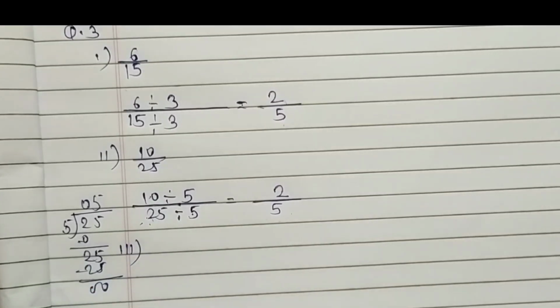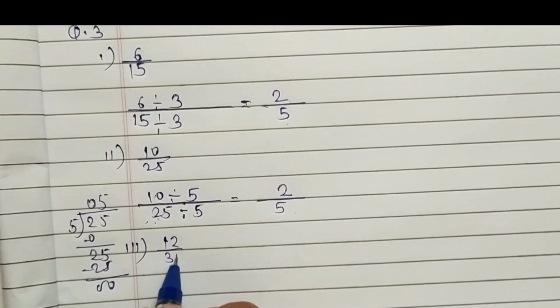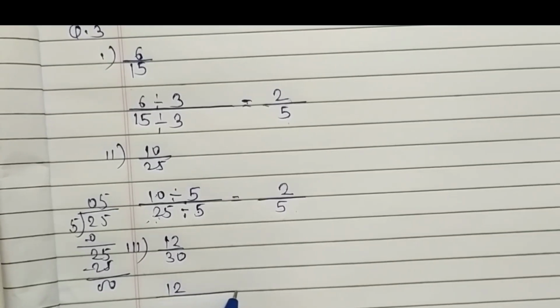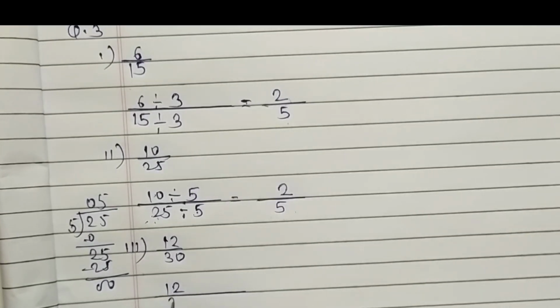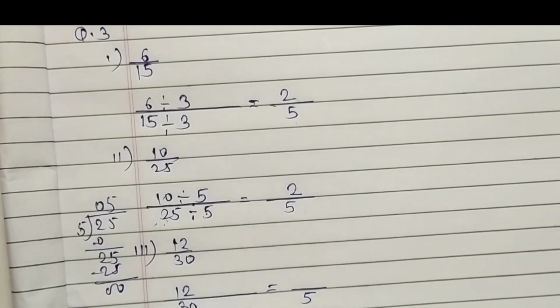The third fraction given here is 12 upon 30. Now find the number by which we divide 30 and get our answer as 5. Our denominator must be 5, so write here 5.